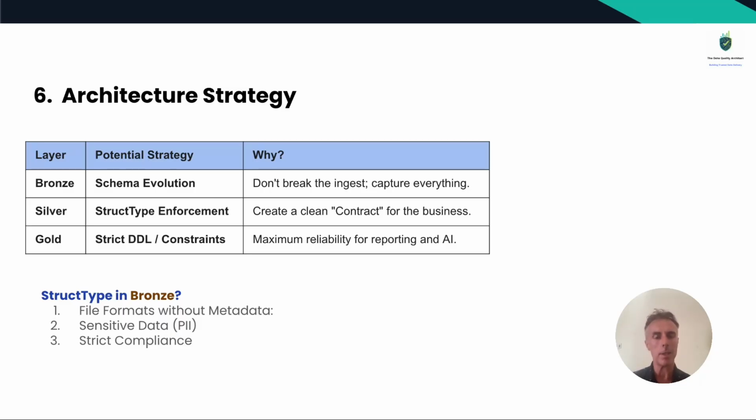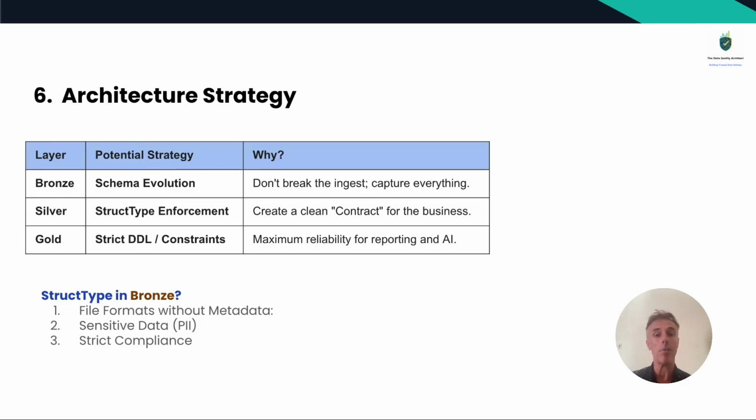If a column suddenly changes type here, it can break the business, not just the pipeline. So by using a struct type in the silver layer, you're creating a contract. You're saying, I don't care how messy bronze data was, the data in this table is strictly following these rules.